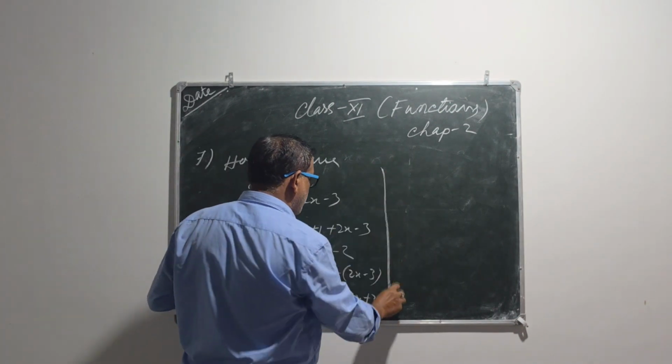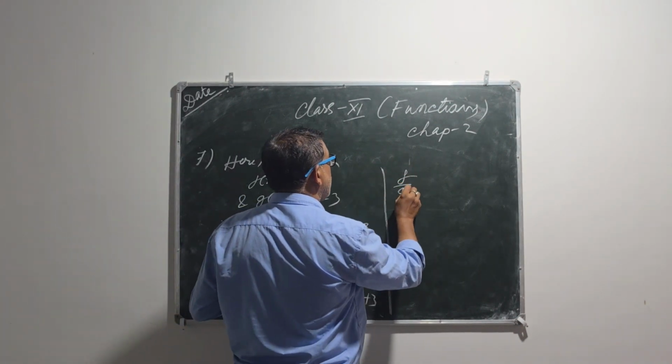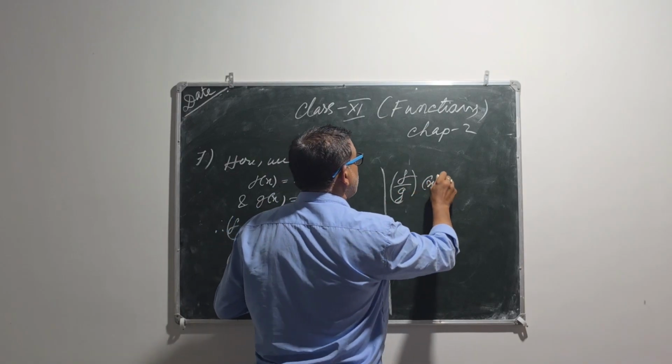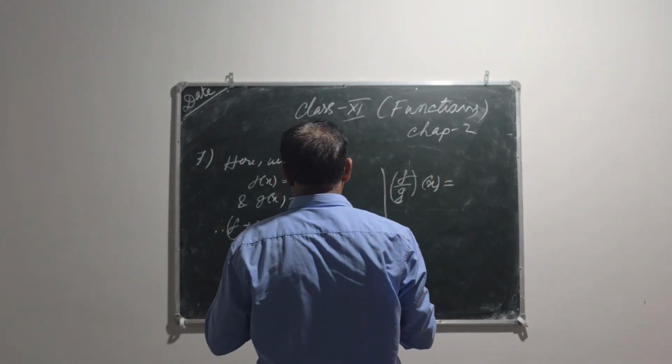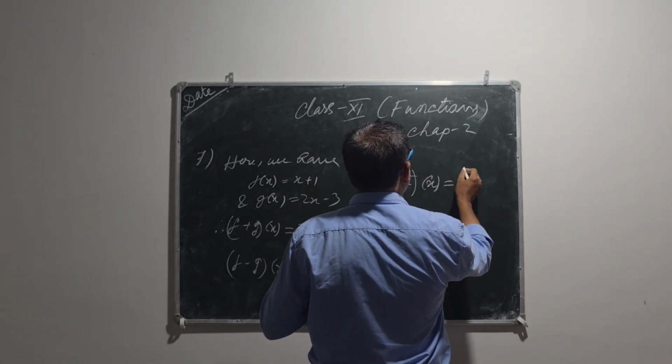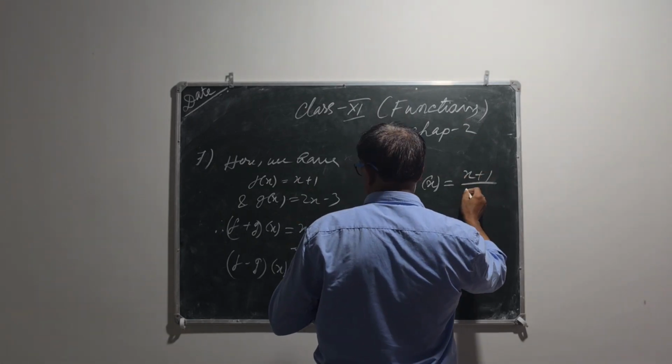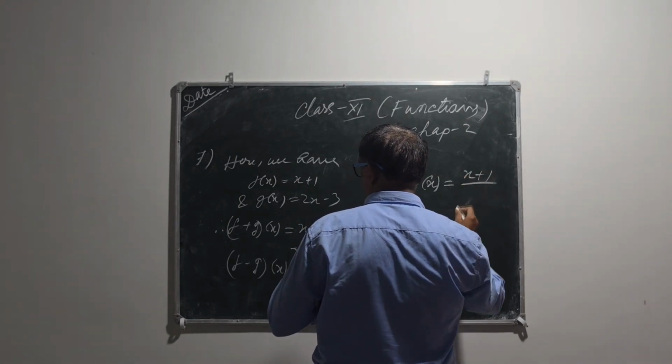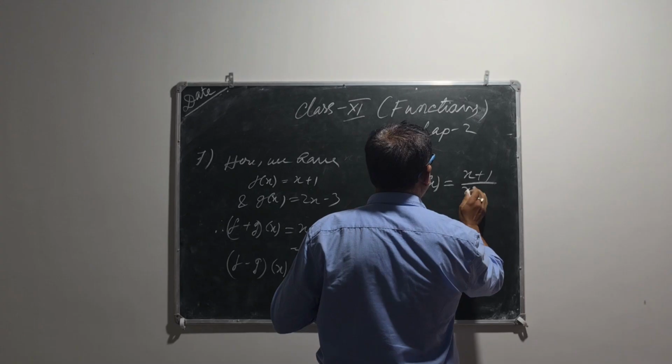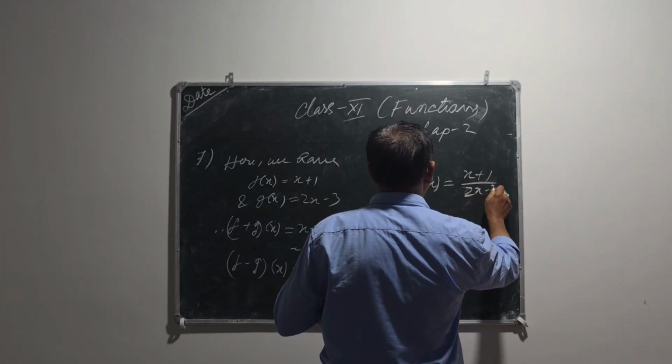Then the quotient of these will be f by g of x. If we want to divide, first f of x, which is x plus 1, divided by g of x, which is given here as twice x minus 3.